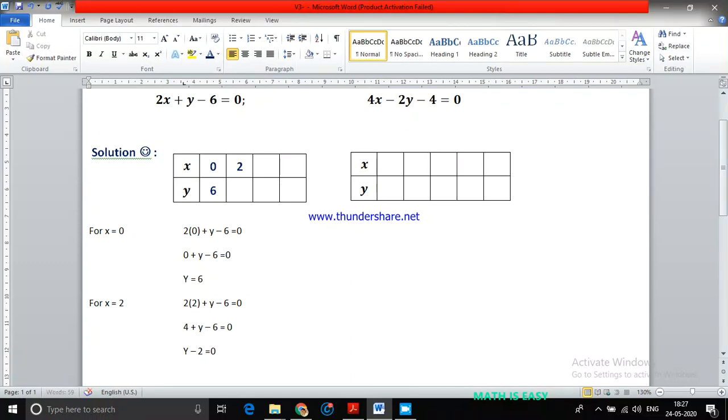Hence you will get y equals 2. Understand?